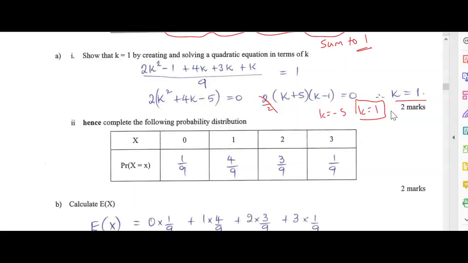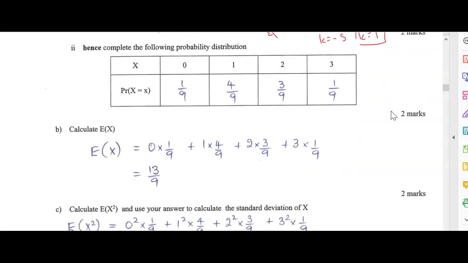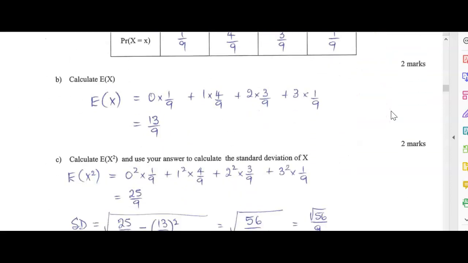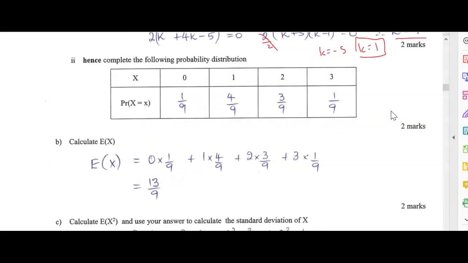All right, hence complete the following. So that's just substituting k in. Calculate the expected value. So when we've got discrete random variables, it's just your value of x times your probability. Okay, so you can see the working done for you there. All right, so 0 times 1/9, and so on, and you get 13 on 9.